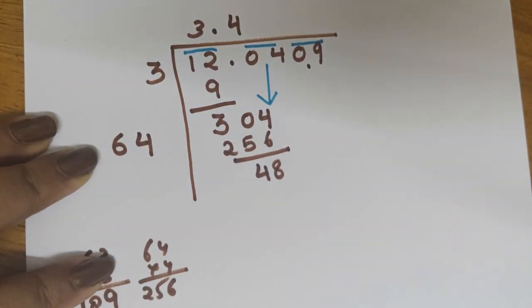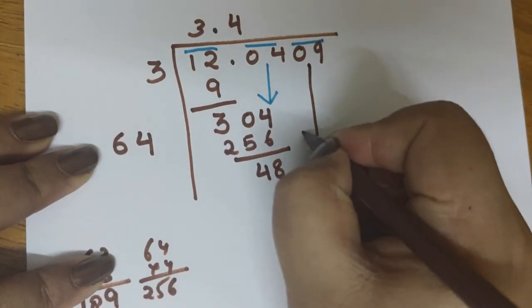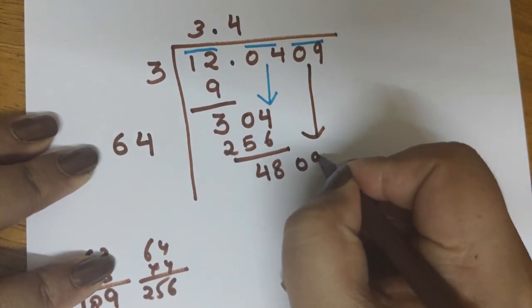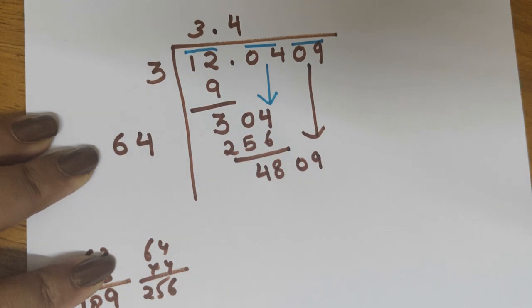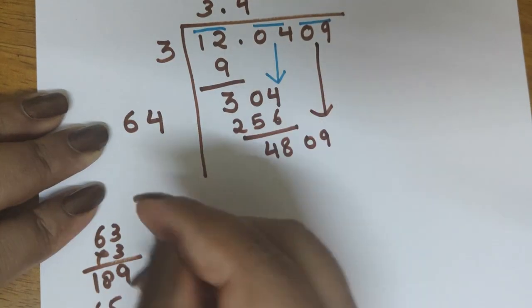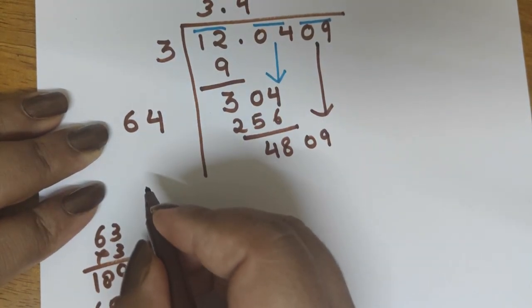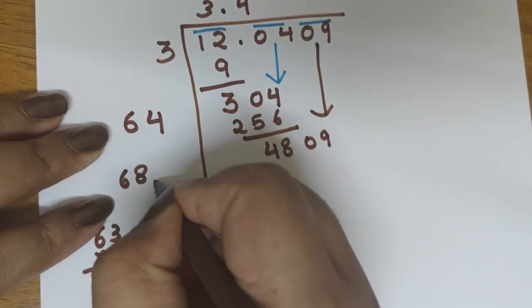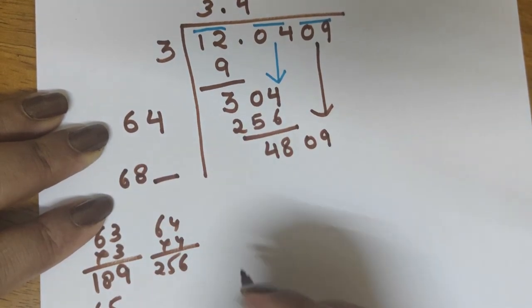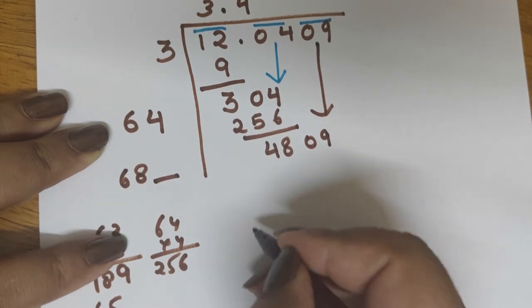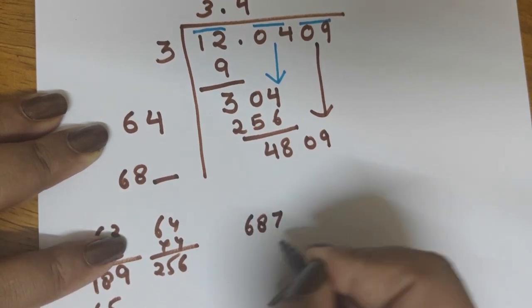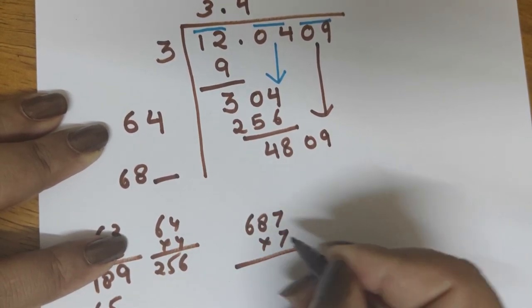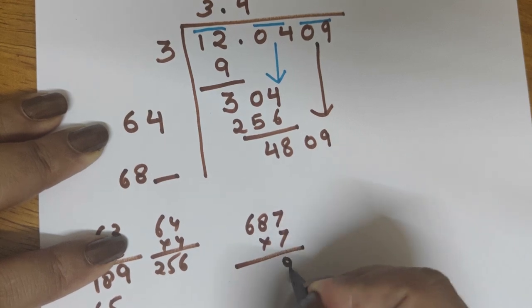It will be 0, 9. Now twice of this number. Okay, so it will be 68, and we have to find the blank. So 6, 8, 7 into 7 will be 7, 7.